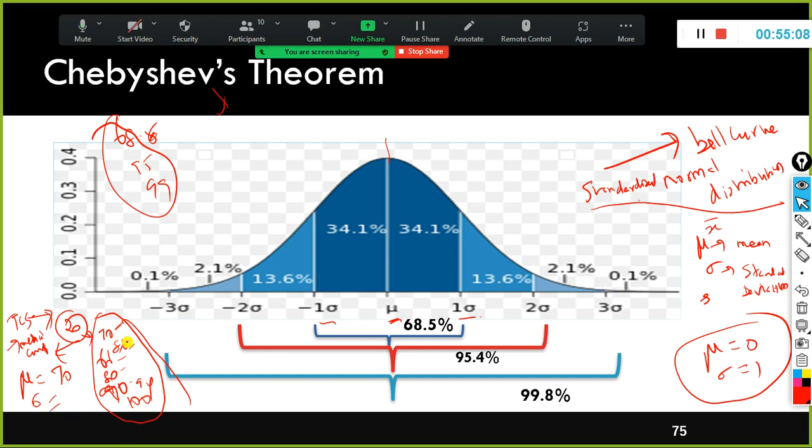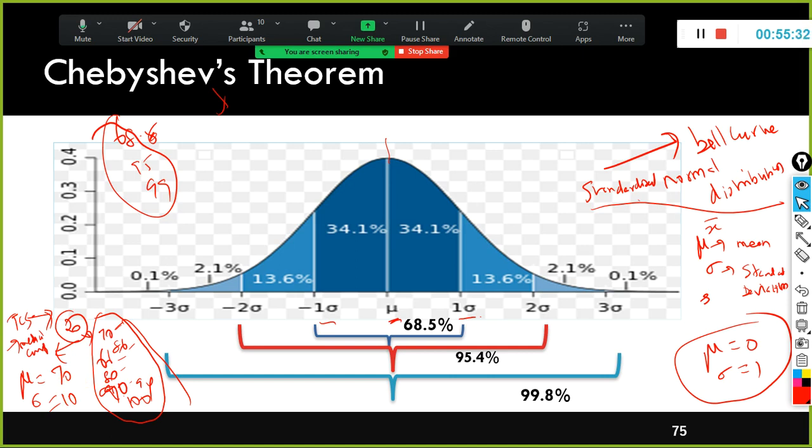Then you take the standard deviation. You subtract the mean from each value, 70 minus 70 is 0, 86 minus 70, and so on, square the values, take the variance, and then the square root of the variance gives the standard deviation. Let's assume the standard deviation is 10. So mu is 70 and sigma is 10.